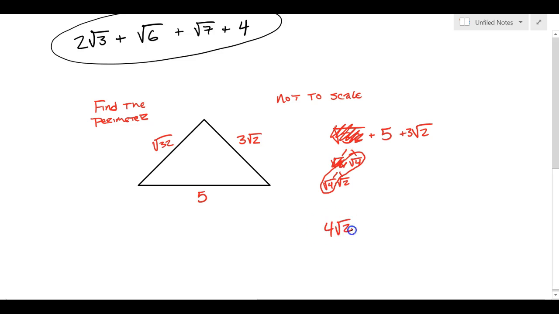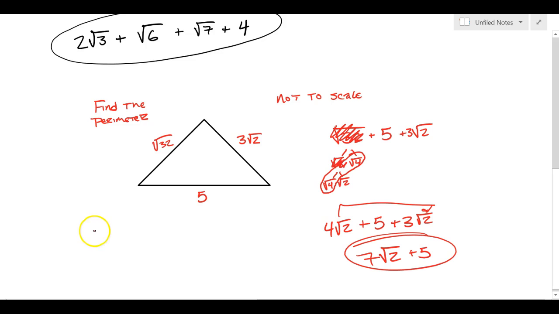We get 4 radical 2 plus, well, 5, that's already prime, plus 3 radical 2, which leaves me with 7 radical 2 plus 5, because these two are like terms and they can combine. That is my final answer, meaning the perimeter of this triangle is 7 radical 2 plus 5.